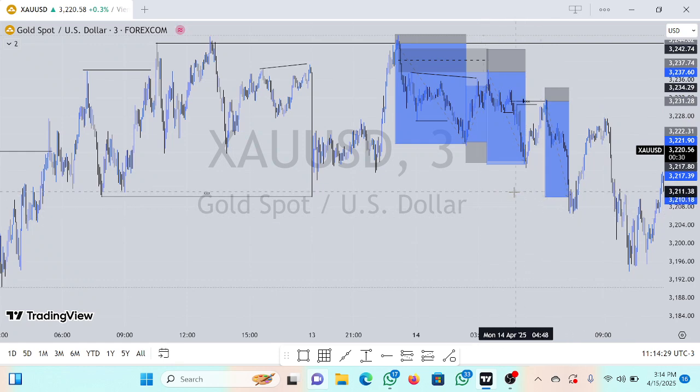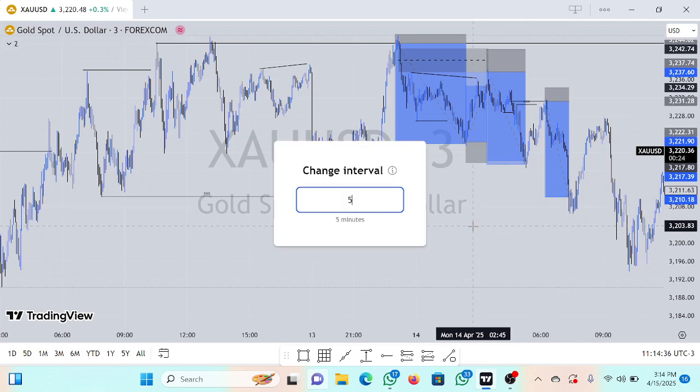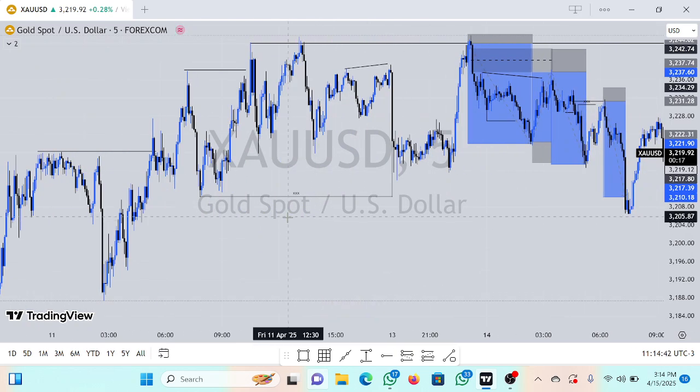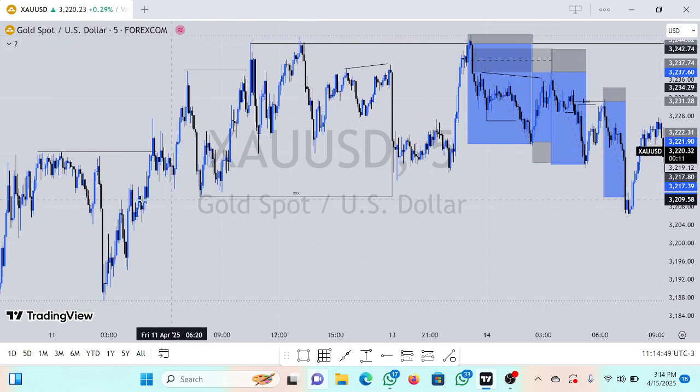So right now, as we all know, we have met our target. What is our nearest zone right now? At the 5 minutes time frame, we observe that there is a zone close to this inducement area, to this liquidity area, which is this zone right now, which has this break of structure.